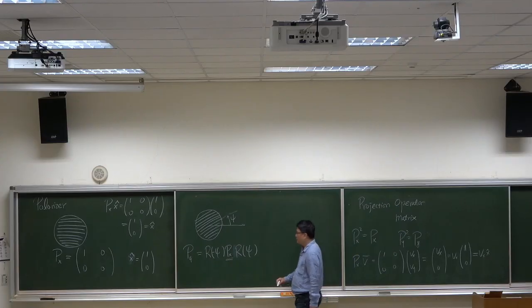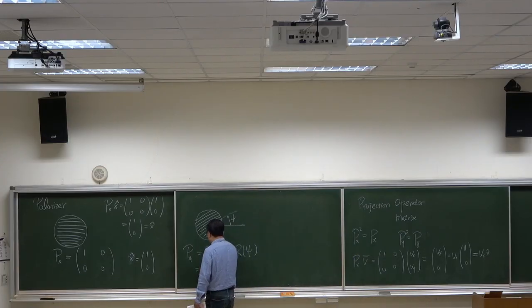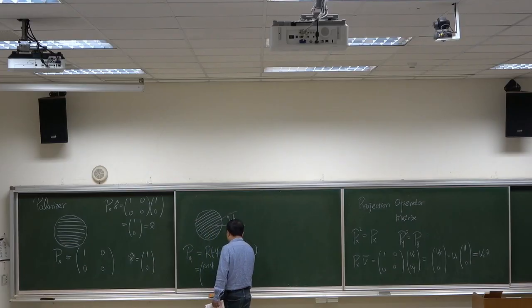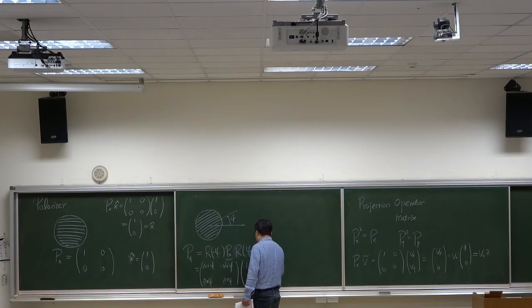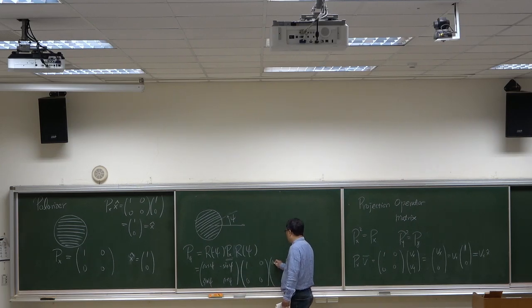Okay, so this is equal to the matrix cosine psi, minus sine psi, sine psi, cosine psi, times the matrix 1, 0, 0, 0, times cosine psi, sine psi, minus sine psi, cosine psi.